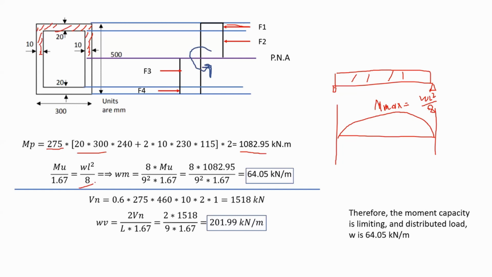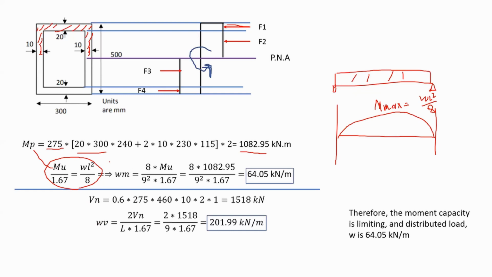So that's how I have this. I'm saying that M ultimate is equal to WL squared over 8, where the distributed load is still unknown in my case. And in order to solve the problem, I'm going to assume that Mu is equal to Mp.